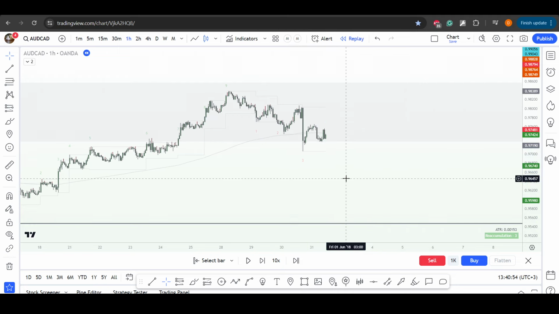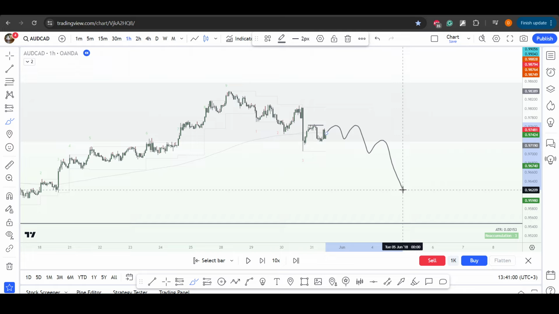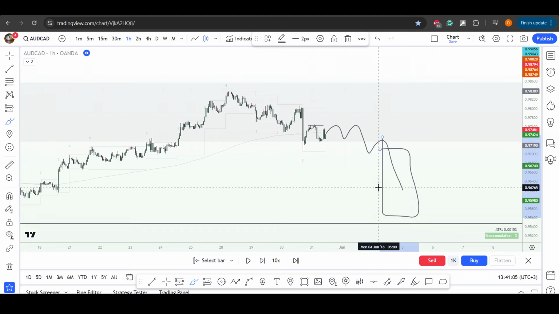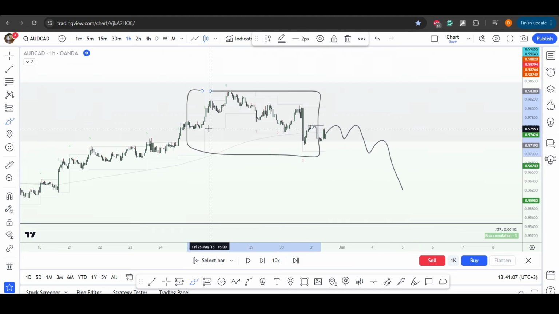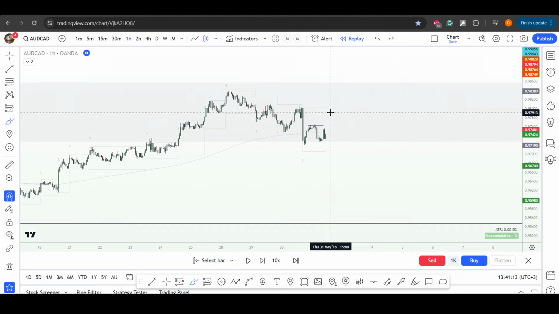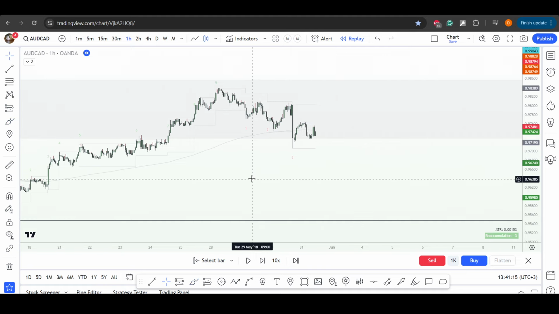But first I want to see this high taken out. Again, we are not in this phase 2 trend development market when it's just falling. We are in a distribution which is characterized more by back and forth, as you can see, and it usually taps into the deeper zones.